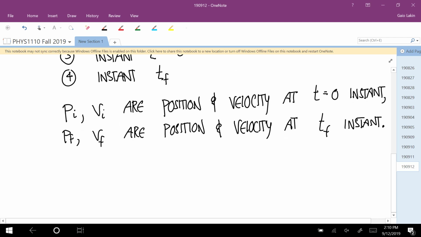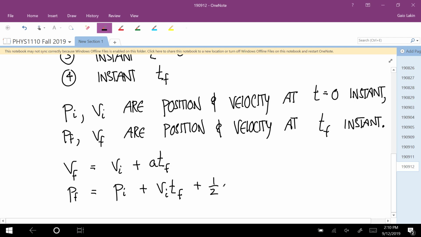And then the equations say, the first equation says v final is equal to v initial plus a times time final. The second equation says p final is equal to p initial plus v initial times time final plus 1/2 times the acceleration a times t final squared.